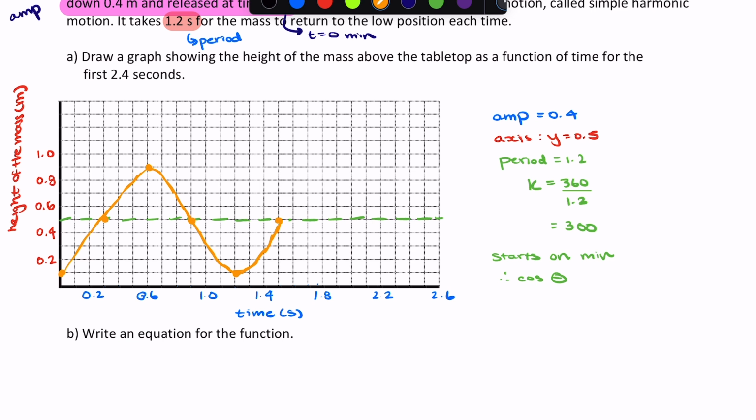Then at 1.8, it'll reach back to the maximum in terms of height. And then at 2.1, go back to the axis. And then finally at 2.4, we'll be back at the minimum.